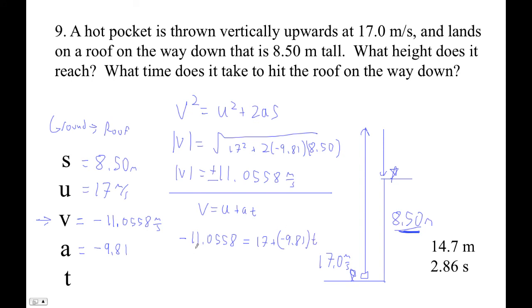Okay, so I've got negative 28.0558, and now I'm going to divide by negative 9.81. I get 2.8599 seconds. So 2.86 seconds looks good.